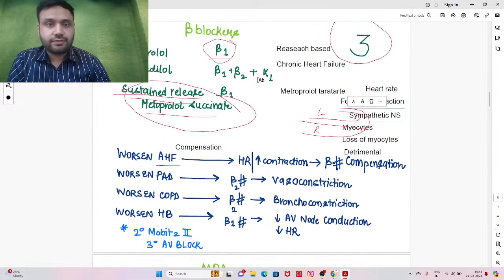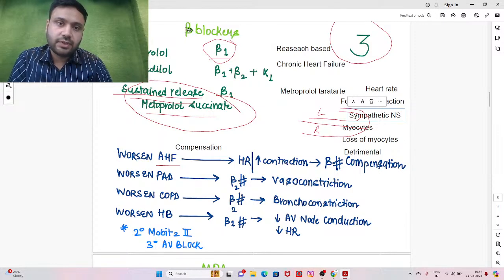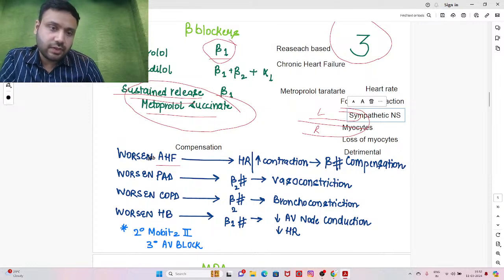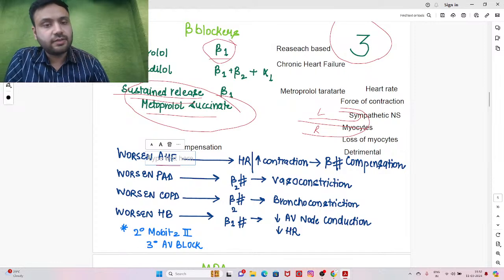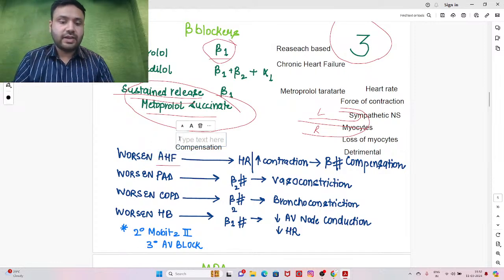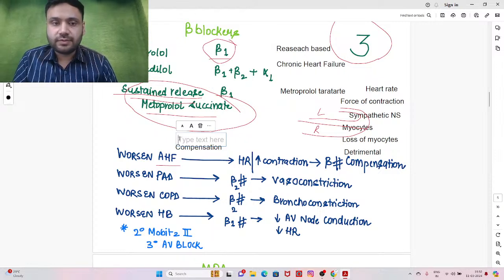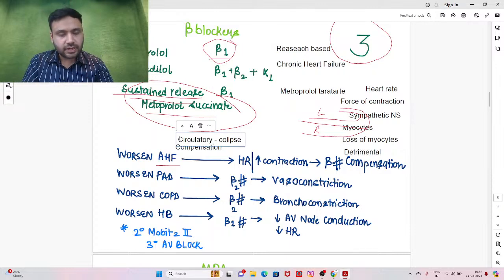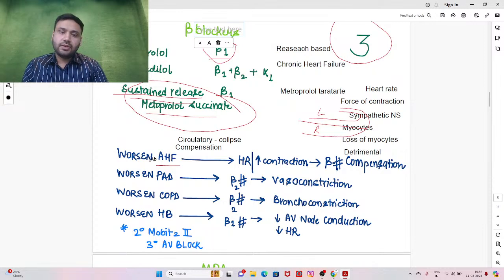So if you give beta blockers, you will block the compensation. This blocked compensation would worsen the acute heart failure. And this patient, who had, let's say, some amount of BP or heart rate to maintain the circulatory flow, would collapse, right? So we do not want to give patients who are in acute heart failure beta blockers, because it would worsen the acute heart failure.